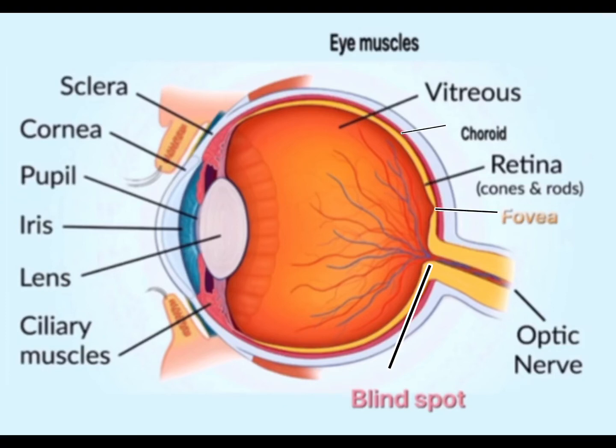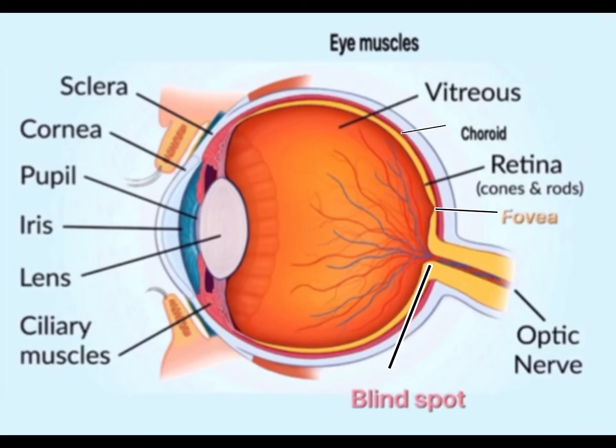You can see the lens, and the lens is held by the ciliary muscles. There are other functions also. They help to change the curvature of the lens when necessary. If we want to see something, a nearby object or a distant object, we need to change the curvature of the lens. To change the curvature, the ciliary muscles help.